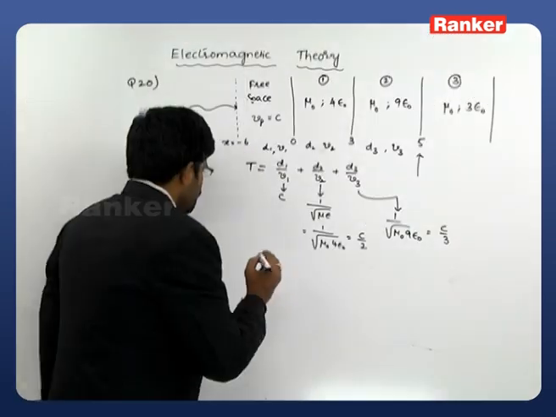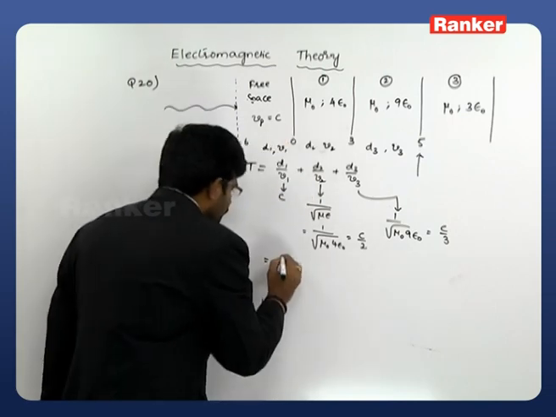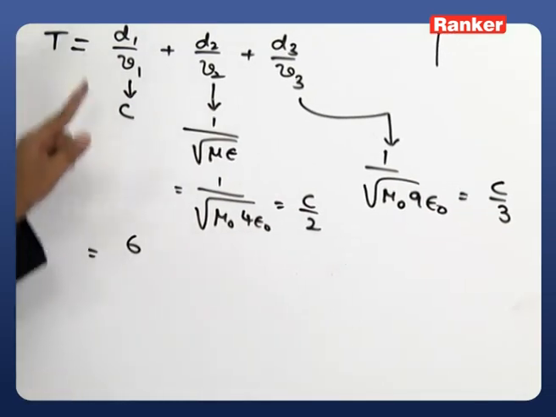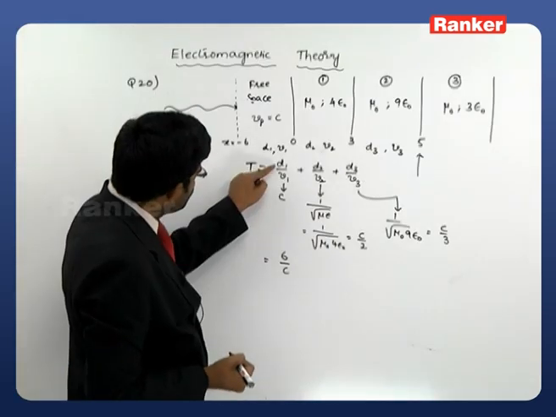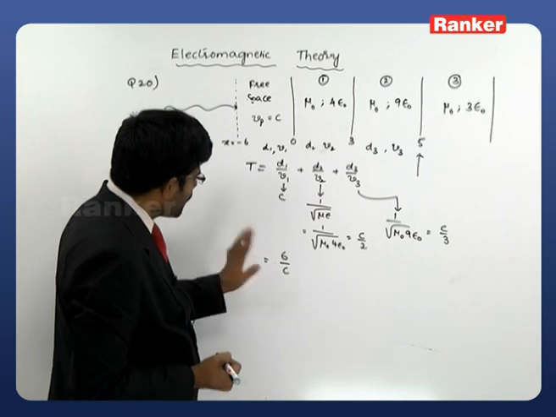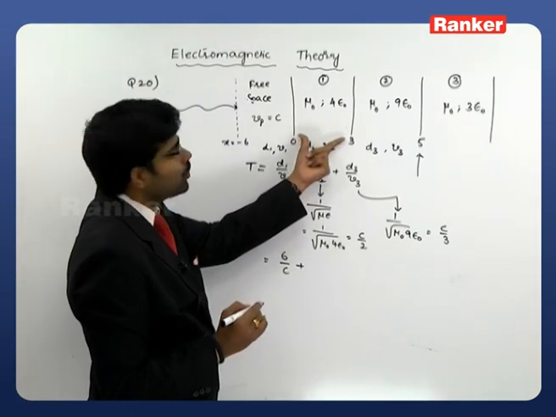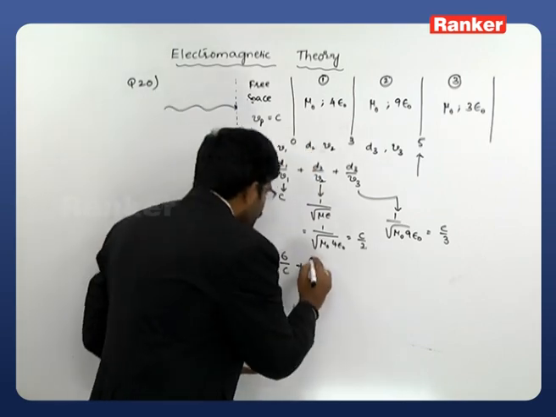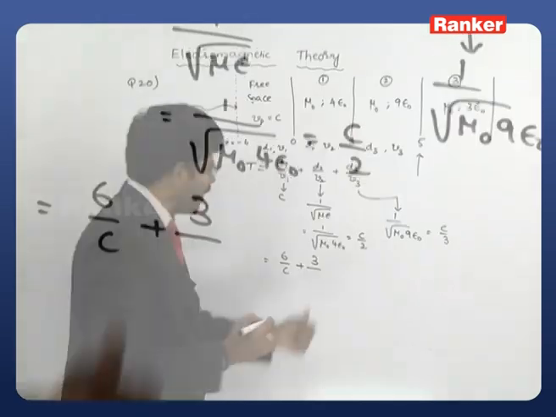Substitute there. So the total time taken is equal to, here d1 from this point to this point is 6 meters divided by the velocity c. So just d divided by c, 6 divided by c, plus d2. d2 is from 0 to 3. From 0 to 3 how much do we have? Just 3 meters divided by the velocity c by 2.